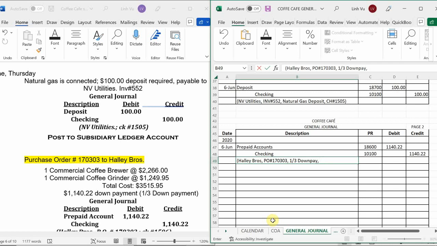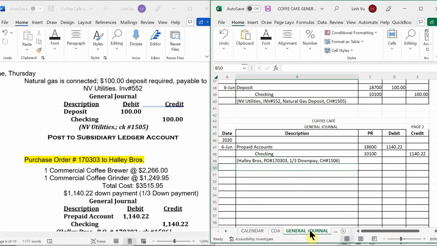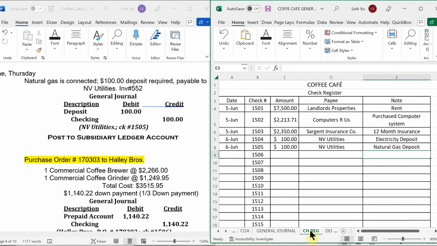Right? You could put down payment. Again, your purchase order is going to give you what the items are that you're making a down payment for. And the proof is that I wrote check number 1506, which I didn't even cut the check yet. But in this case, it would be 1506. Okay? So once again, let's cut that check.